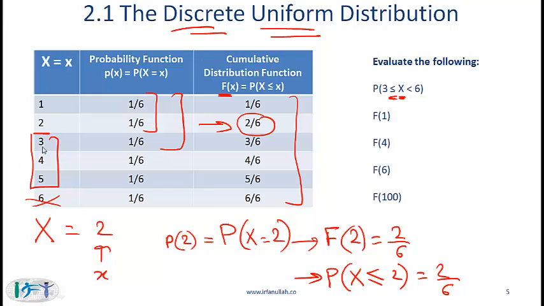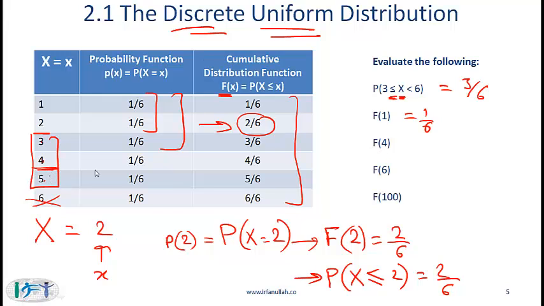So the probability of 3 or 4 or 5 is essentially 1/6 plus 1/6 plus 1/6, which is 3 over 6. The cumulative probability F1 is simply 1 over 6.